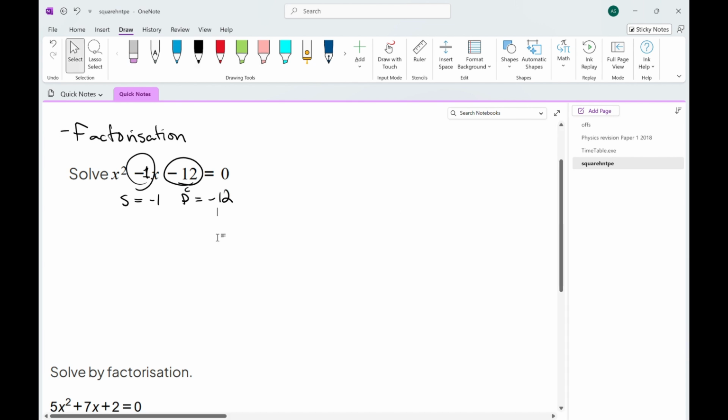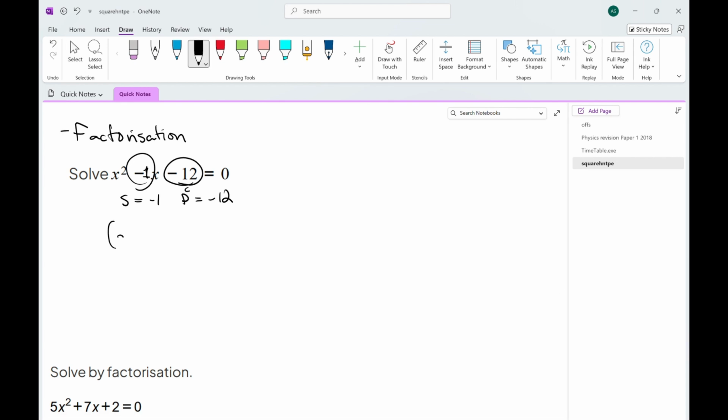We need two numbers, because what we need to get factorized is x and x, plus or minus whatever, and plus or minus whatever, equals 0. So we need to find two numbers that add to give negative 1 and multiply to give negative 12. These are minus 4 and plus 3, because negative 4 times 3 is negative 12 and negative 4 plus 3 is negative 1.